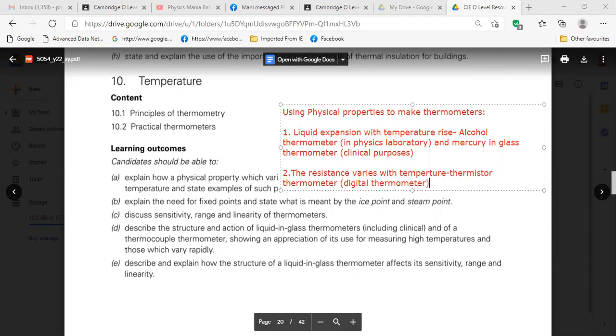And I'm also writing a little bit about how it works with temperature rise, because this thing is very new for you, and the first one is very easy for you to understand.